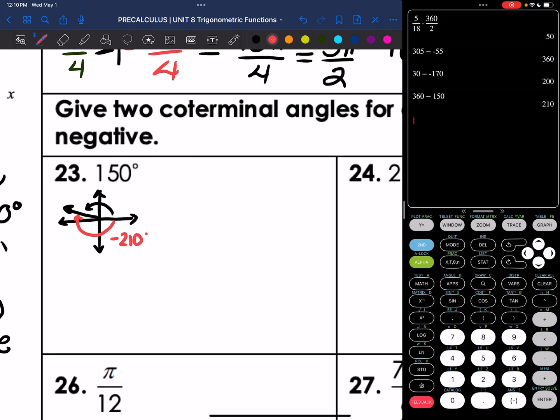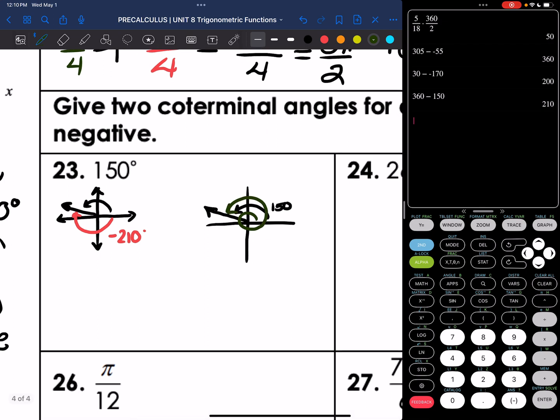But what would also work is if I did the following. If I went one, boom, a full rotation and 150. That's to take 360 and add 150 to that.